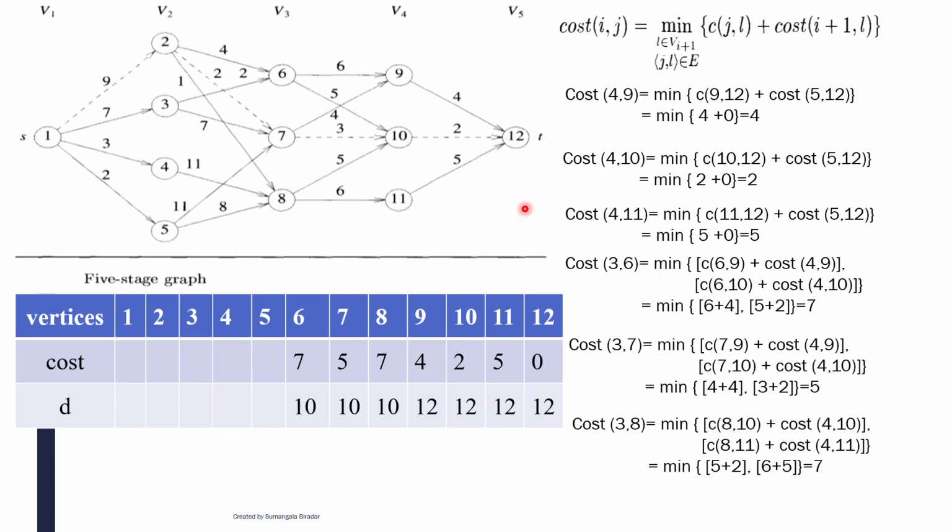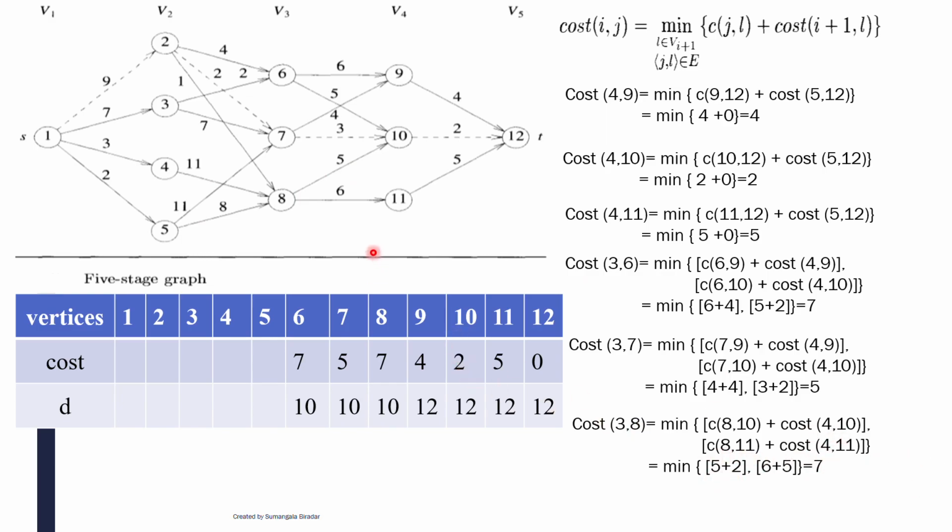So now for 8 I have to calculate. Same procedure. From 8 there are edges to 10 and to 11, and you have to calculate for both. The cost of 8 to 10 is 5, and 8 to 11 is 6. One second, some problem is there. So for 8 to 10 the cost is 5, and in the table the cost for 10 is 2.